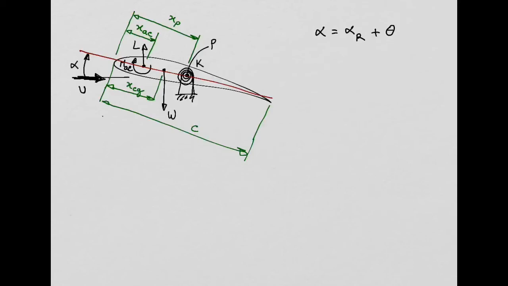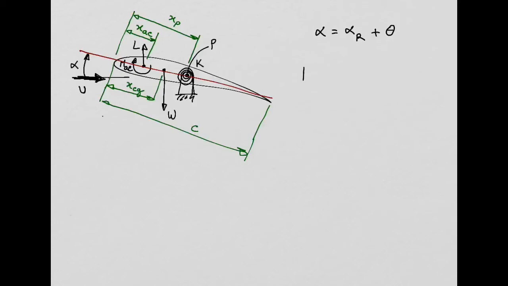Now we are going to have not a rigid wing, but a wing that is deforming. And of course, when it deforms, imagine, for example, the torsion of the wing can introduce this angle theta. That will change the lift. Yeah?